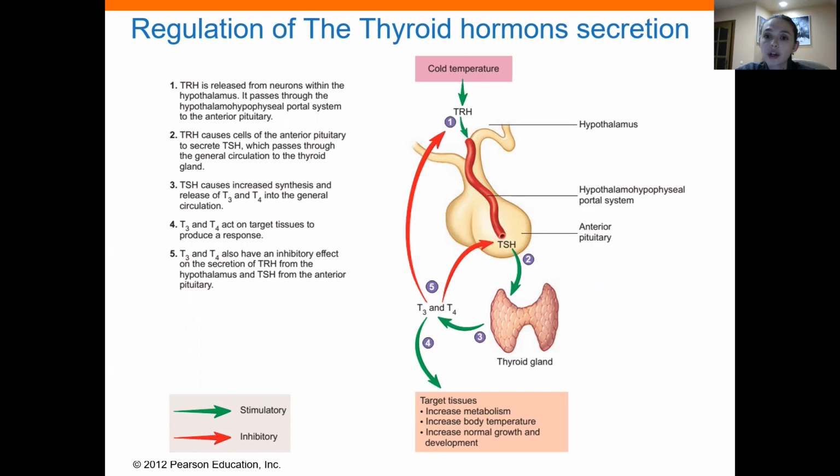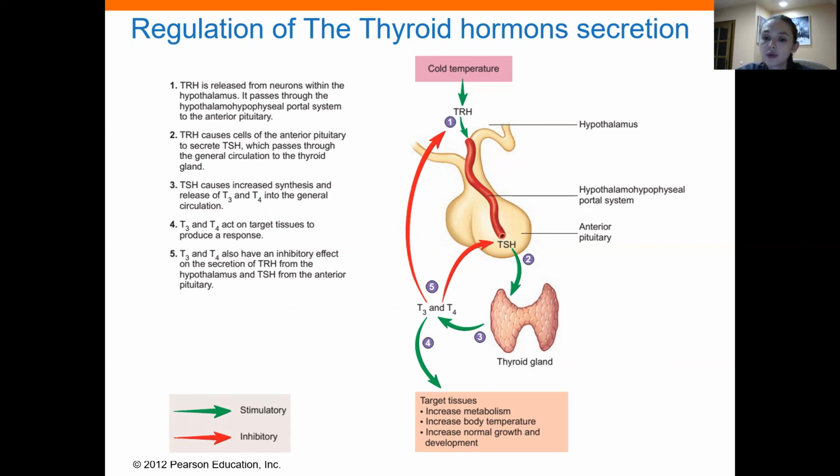As a result, it influences the hypothalamus, which releases thyrotropin-releasing hormone. Thyrotropin-releasing hormone causes cells of the anterior pituitary gland to secrete thyroid-stimulating hormone, which further affects the thyroid gland. As a result, it causes the thyroid gland to produce more T3 and T4 hormones.